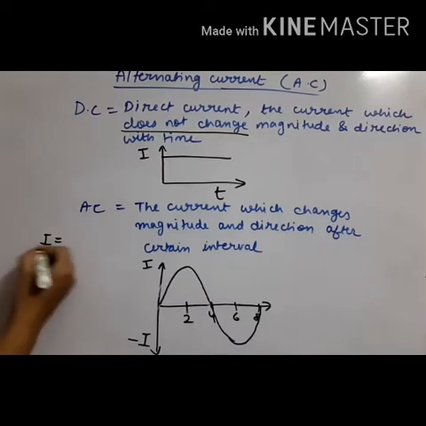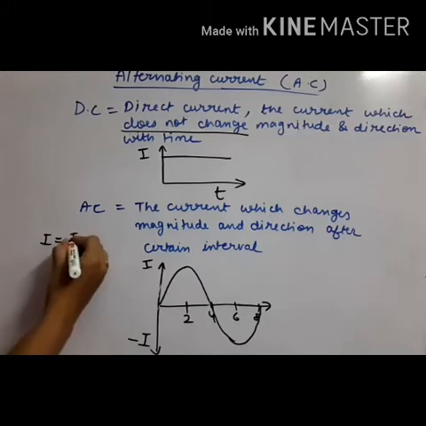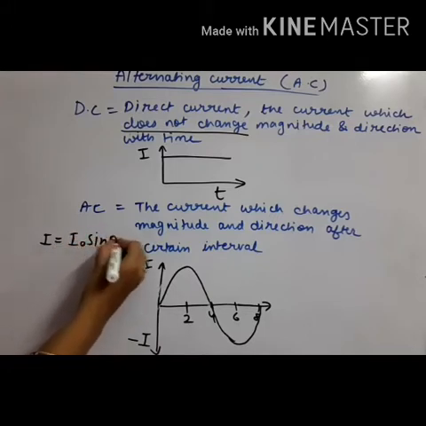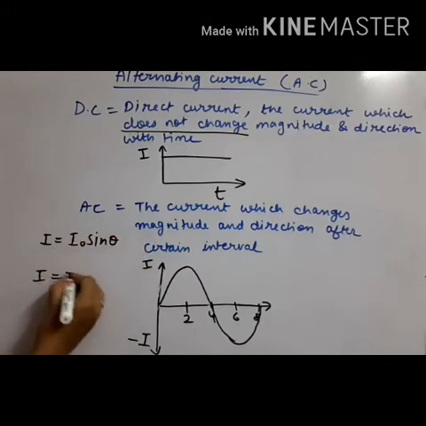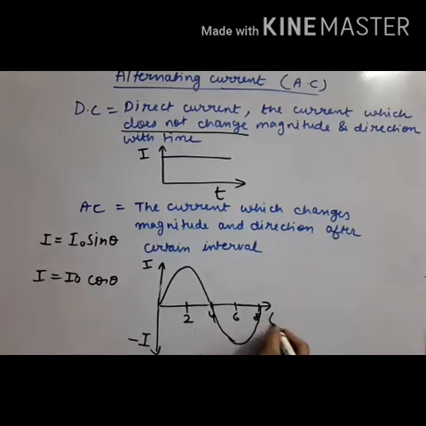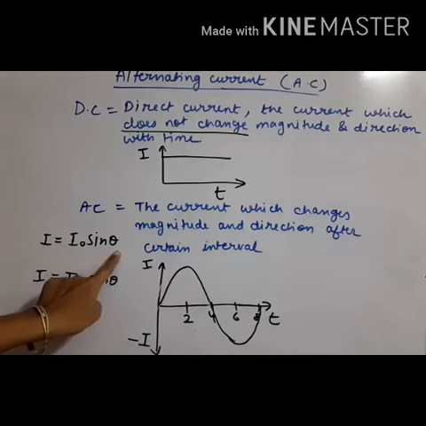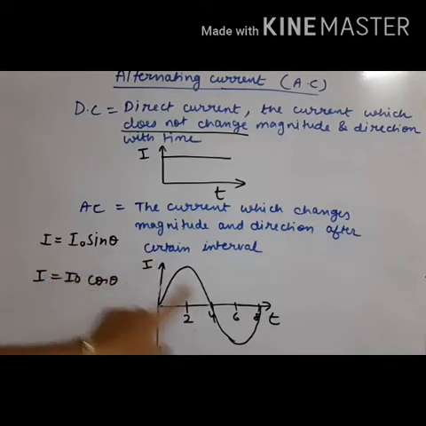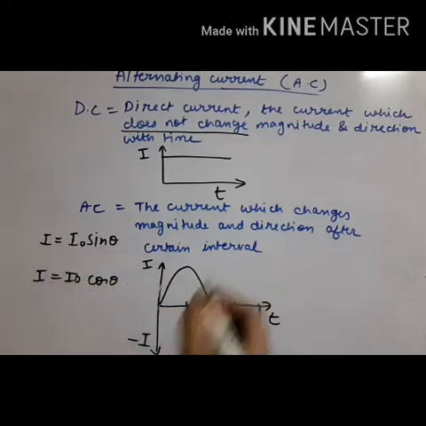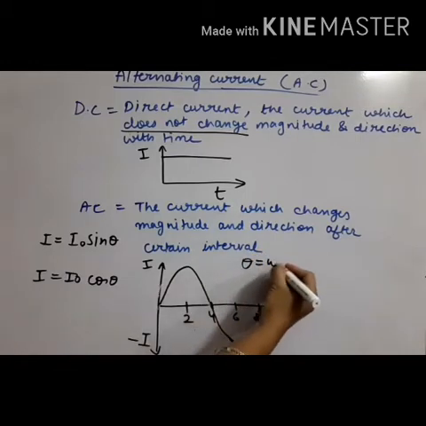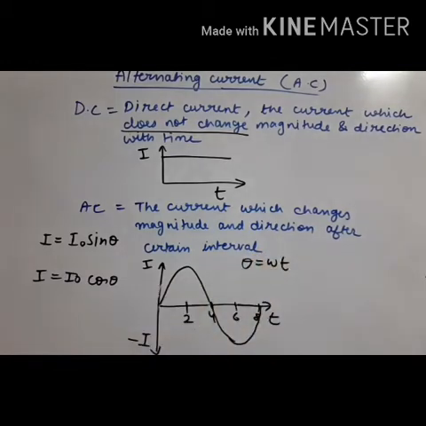So for showing the AC equation, we can take I equal to I0 sine theta or I equal to I0 cos theta. But we are not drawing the current graph with respect to theta, we are drawing it with respect to time. You must know that theta can also be written as omega t, where omega is the angular frequency.